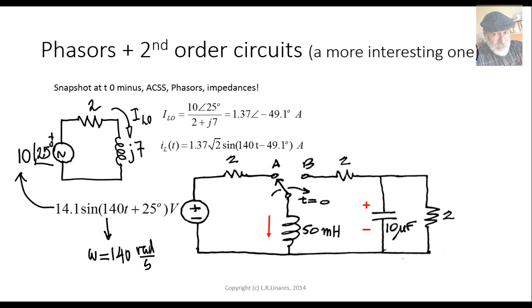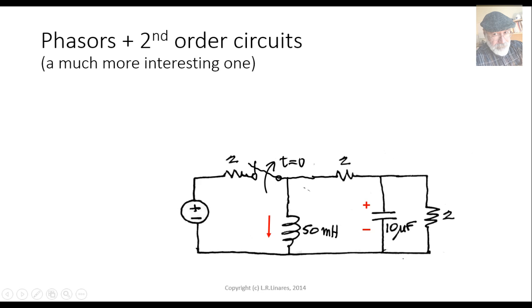Just make t equals 0, and you will have the initial value of the current in the inductor, negative 1.47 amps. The rest of the circuit is exactly the same as before. The only thing that changes is the analysis to find the initial value of the current in the inductor.